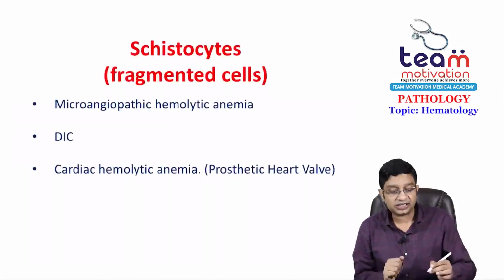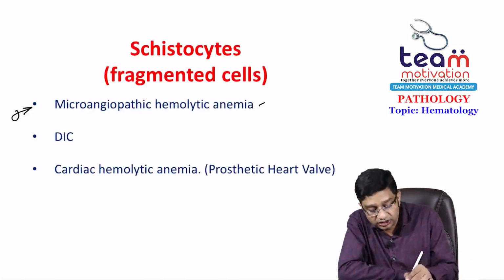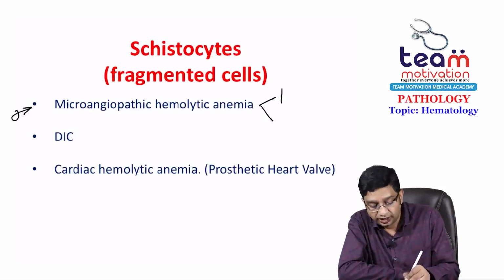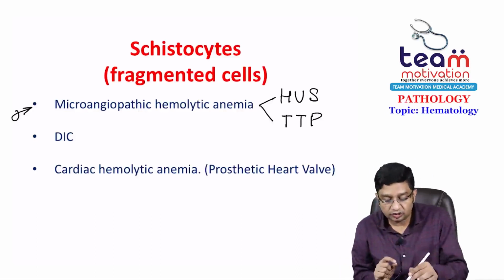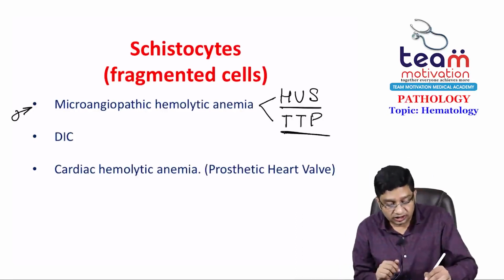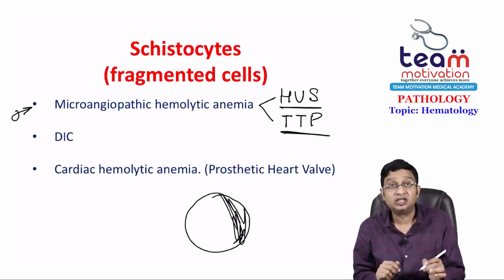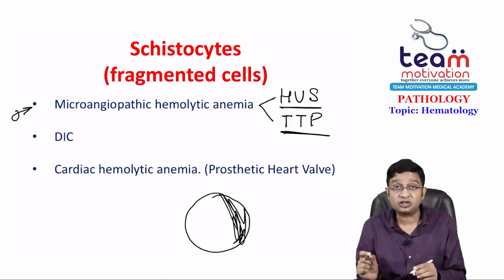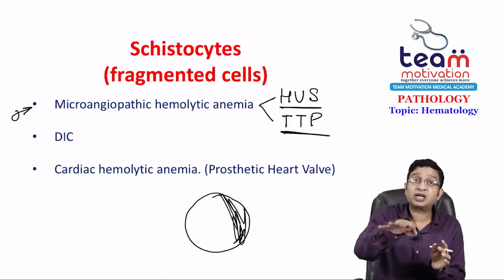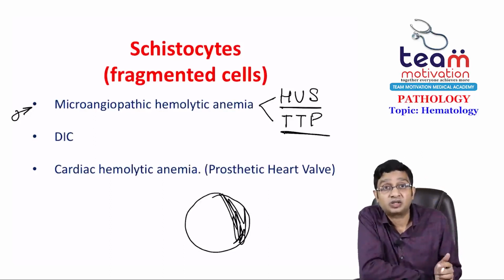These fragmented cells can be seen in microangiopathic hemolytic anemia, which includes two conditions, hemolytic uremic syndrome and thrombotic thrombocytopenic purpura. Suppose this is a small vessel, and there is a thrombus in the small vessel, which occurs in hemolytic uremic syndrome and TTP. When the RBC passes, it will break down. So these fragmented RBCs are called schistocytes.